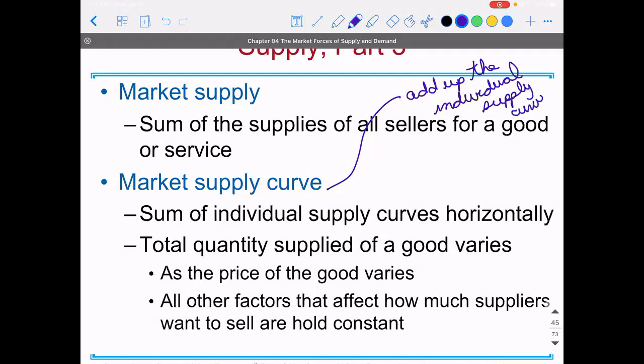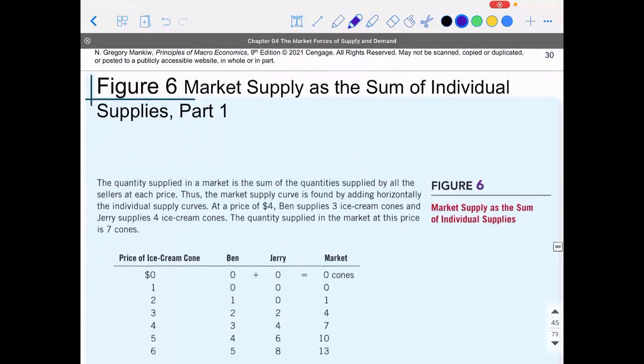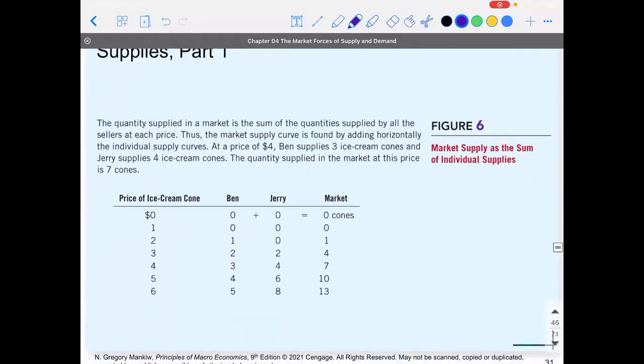But essentially what we're doing here is we're adding up the individual supply curves to get a market supply curve. And that's what you see here. Oh, Ben and Jerry, adding them up, equaling the total.